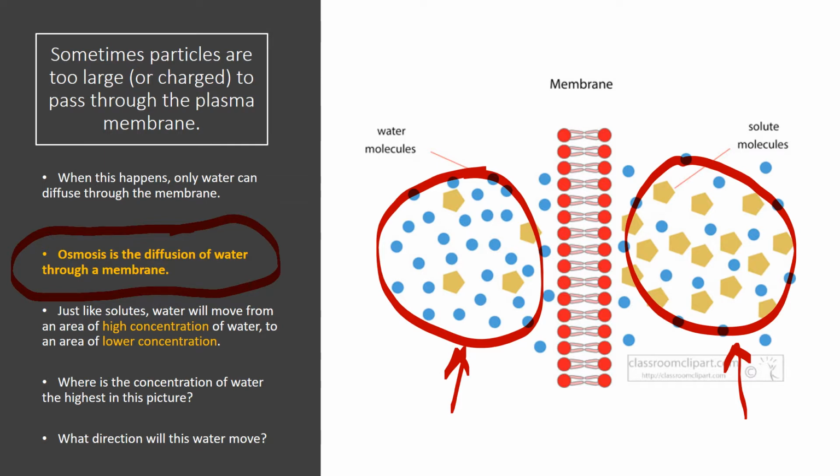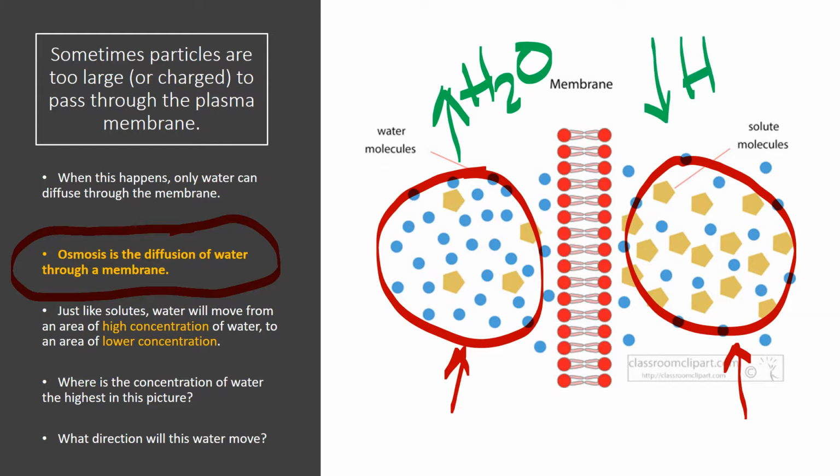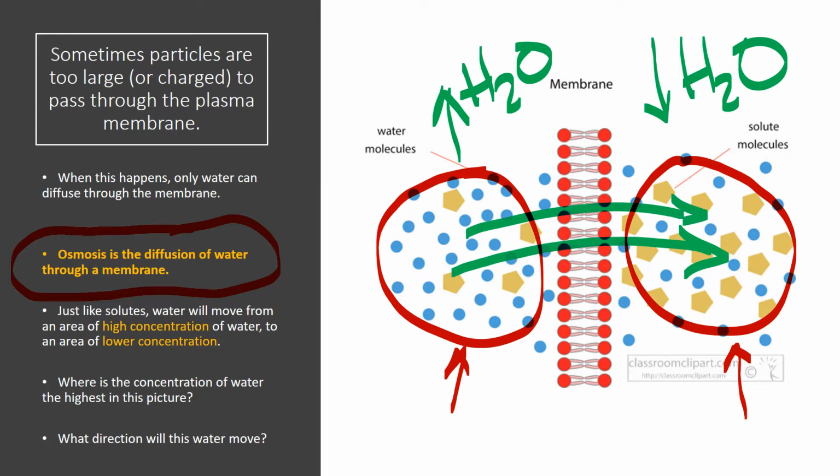So I would say that there is a high concentration of water over on the left-hand side, and that there's a lower concentration of water on the right-hand side. And remember that all substances diffuse from an area of high concentration to low concentration, so water will move in this direction until equilibrium has been reached.